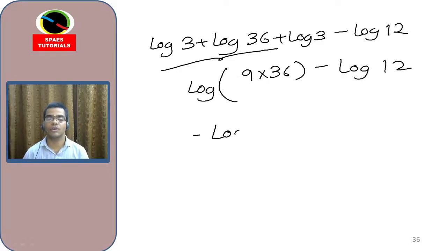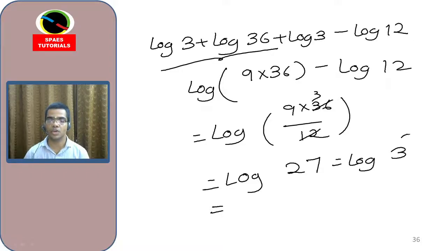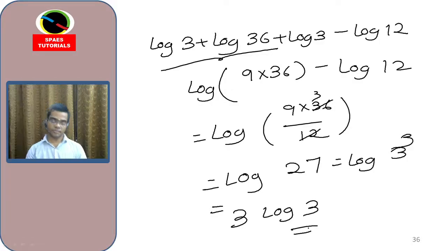So finally it is going to become log 9 into 36 divided by 12. 12 cancels 3 times. It's going to become log 27. Now 27 can be written as 3 cube. So the final answer is going to become 3 log 3. Friends, is that clear?